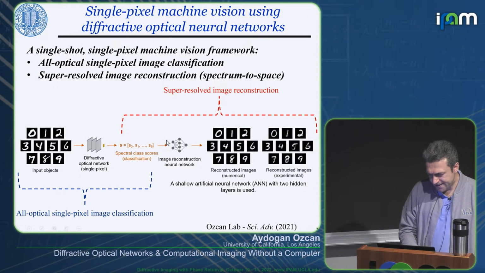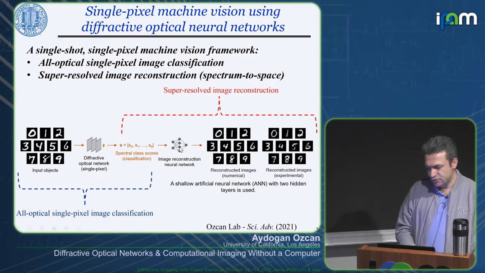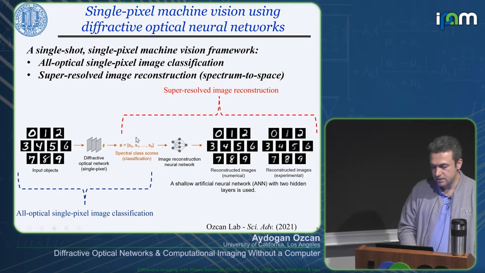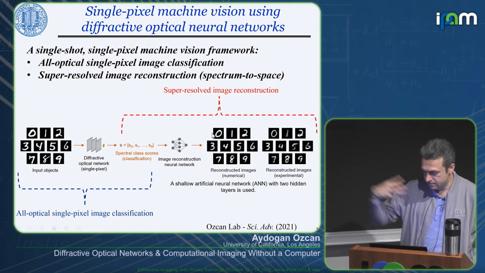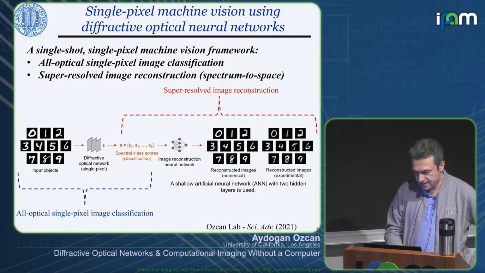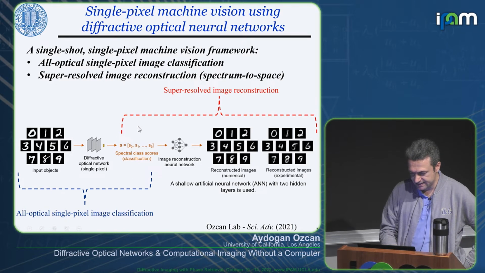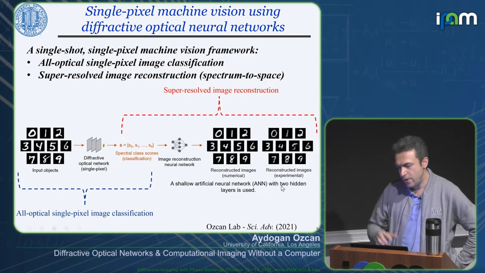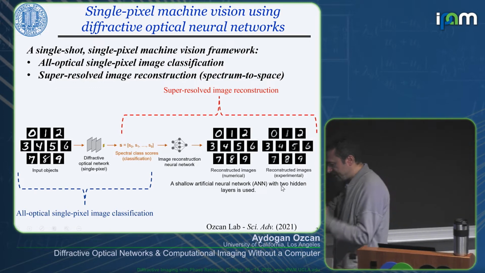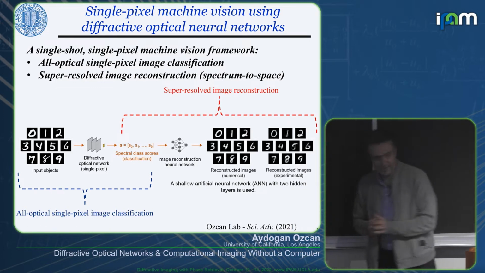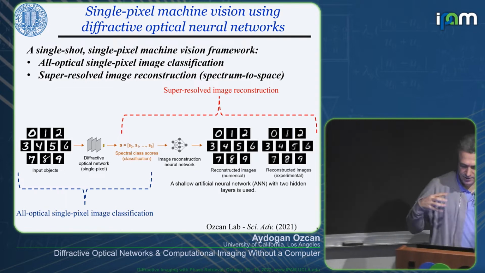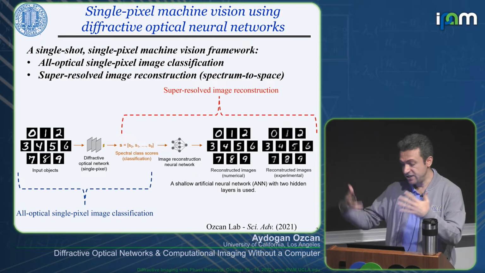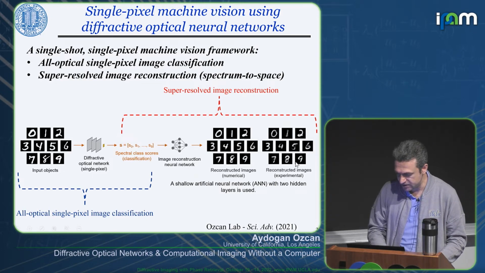You can also build an image reconstruction network that takes this spectral class score coming from a single pixel to give you what you've imaged by doing image reconstruction. So basically some sort of a super resolution in the sense that you have only 10 numbers here, which gives us a way to classify, but at the same time reconstruct it with a shallow electronic neural net to see if the classification matches, for example, with the features of the reconstructed image.